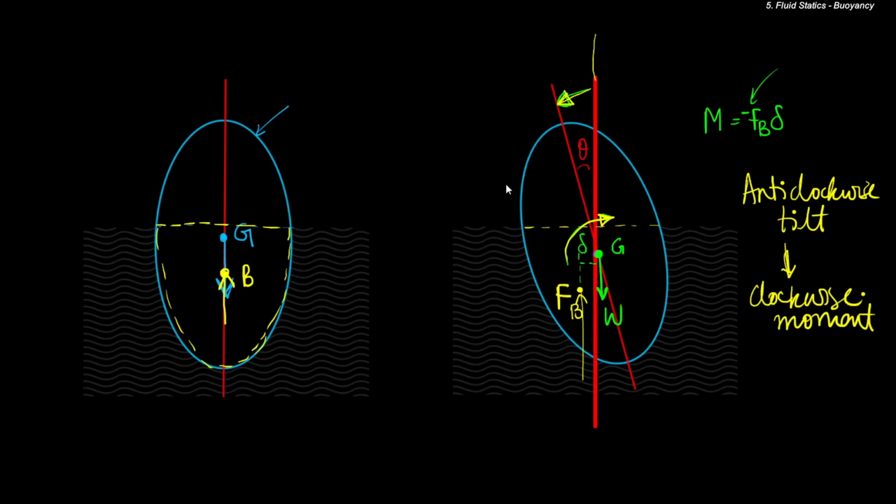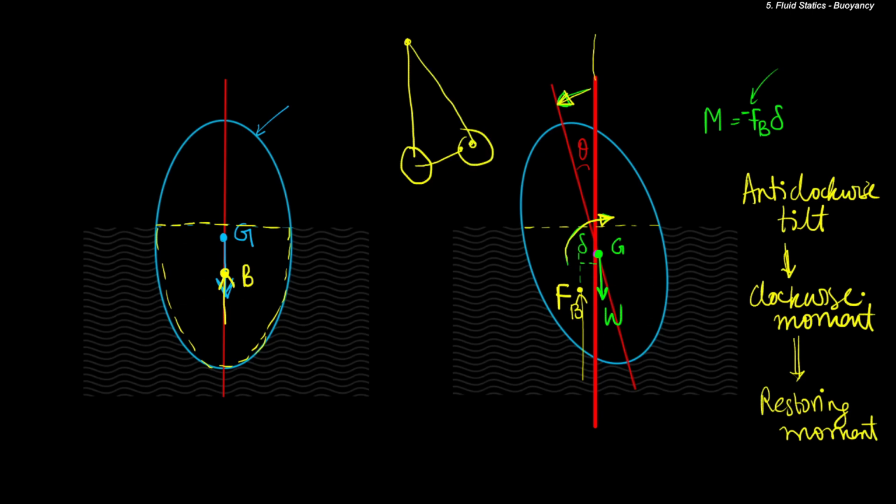This means that this moment will try to restore the original value of theta, that was 0 degrees. So it is a restoring moment. It is like taking a pendulum, displacing it by an angle theta, and seeing what happens to this pendulum. It will try to come back. So this is the case where the force is restoring in nature.